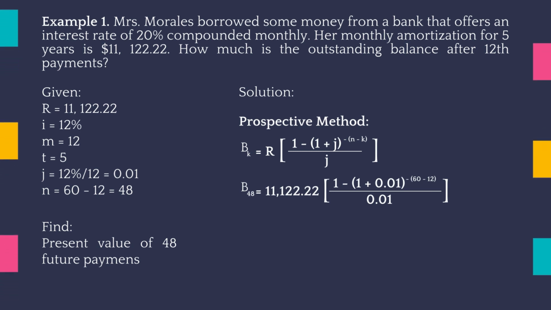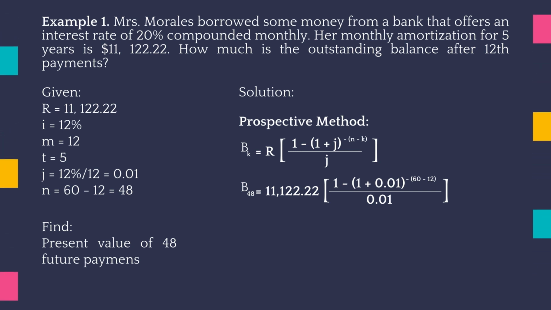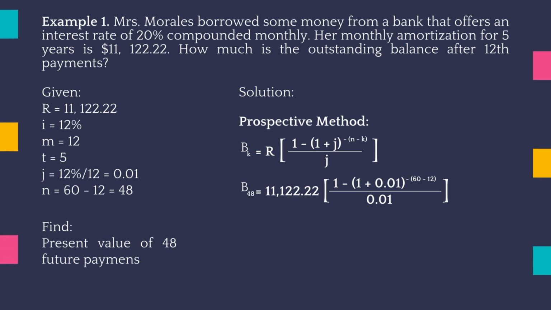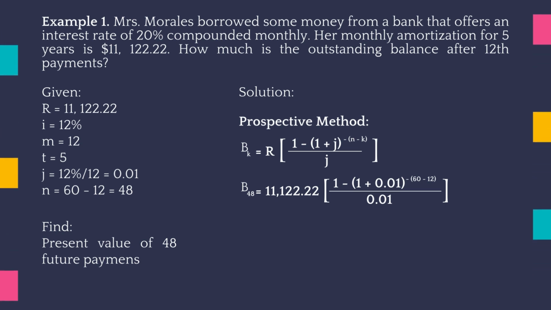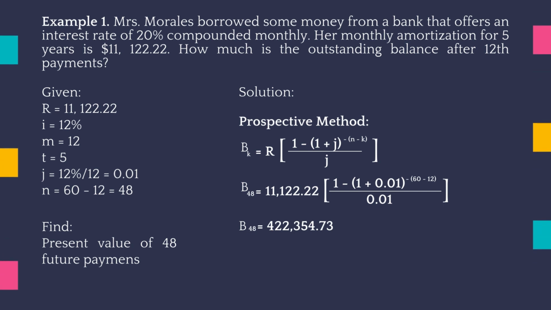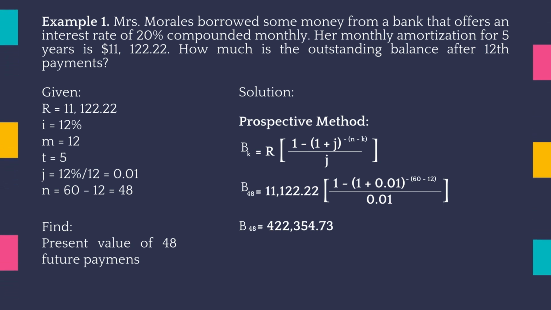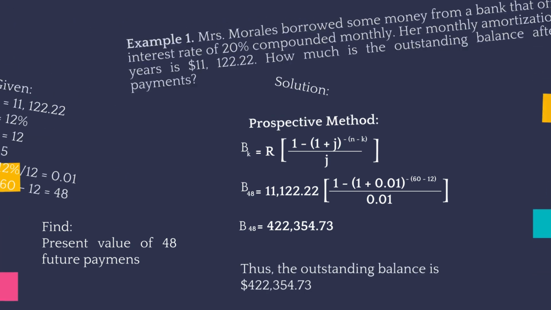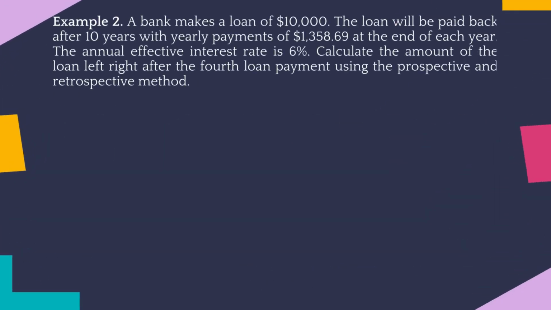B is equal to 11,122.22 times 1 minus 1 plus 0.01 to the power of negative 60 minus 12, all over 0.01, and the result is 422,354.73 pesos.